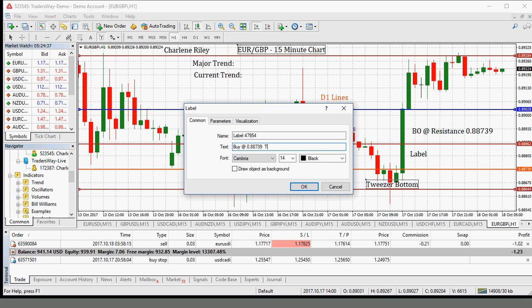Set my take profit at the next line, which is right here, and that is 0.88862, and my stop loss is right here, 0.88644.